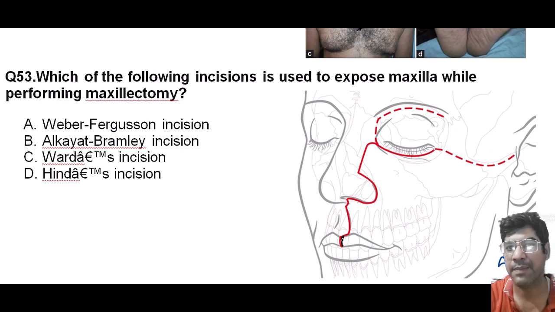For better cosmetic results, the incision is given along the philtral ridges and along the vermilion border. This incision provides access to the maxilla and allows for surgical procedures in this region.